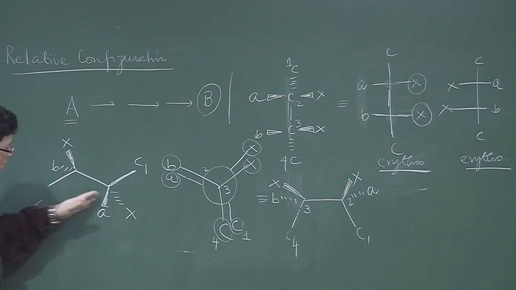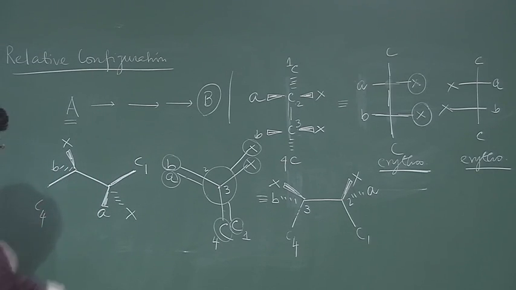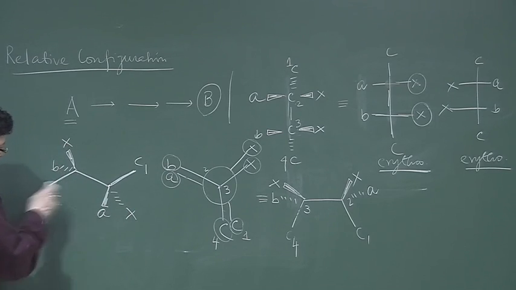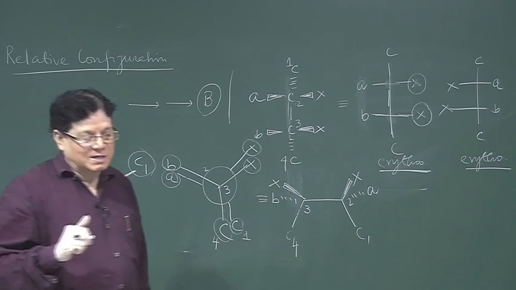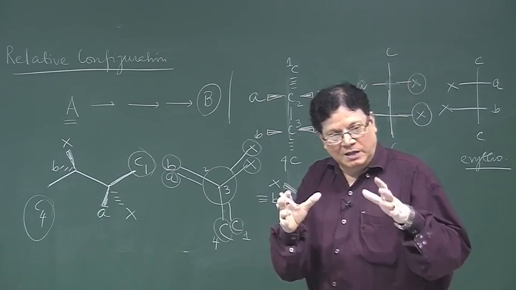Now, this is the more preferred form of this molecule, because this is more stable. Now, you are not eclipsing X, you are not eclipsing B or A, and most important, you are not eclipsing C1 and C4. So, another nomenclature system says to forget about the Fischer projection, because it is in the eclipsed form.